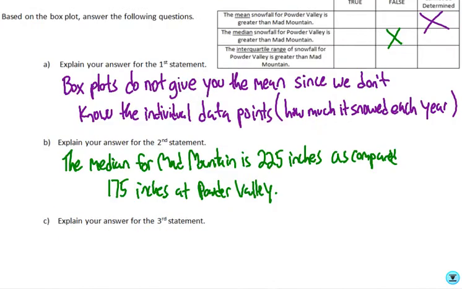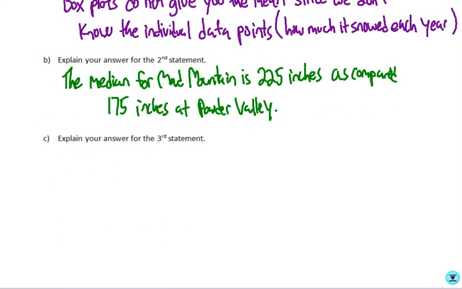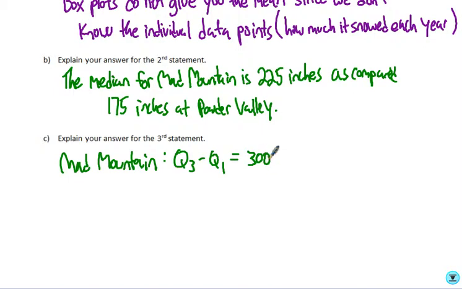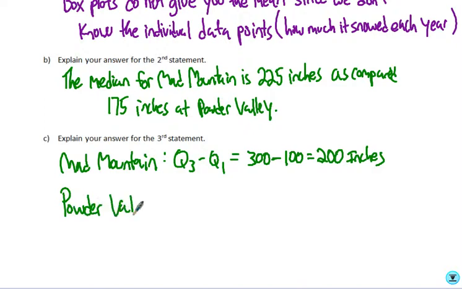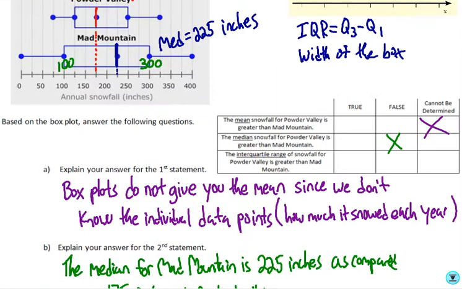So for Mad Mountain, we'll say Q3 minus Q1, which would be 300 minus 100, would be 200. And then for Powder Valley, let's see what Q3 minus Q1 is.